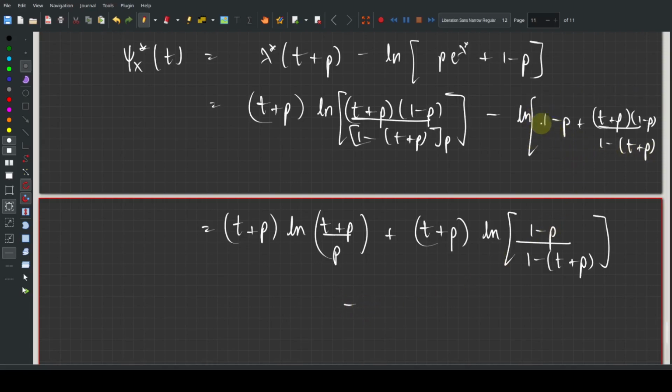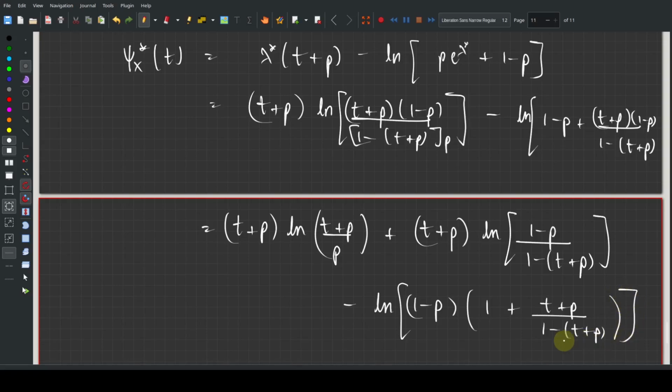I'll also try to simplify this: log of 1 minus p into 1 plus t plus p divided by 1 minus t plus p. Right? You're with me so far?